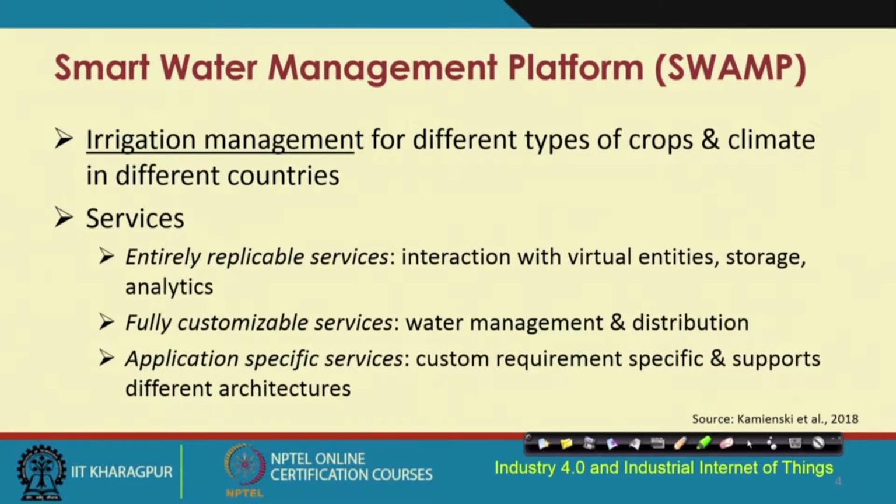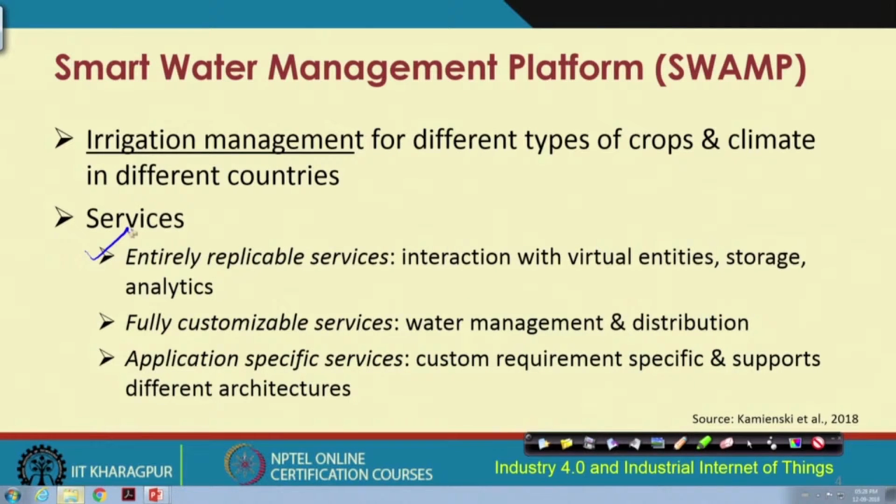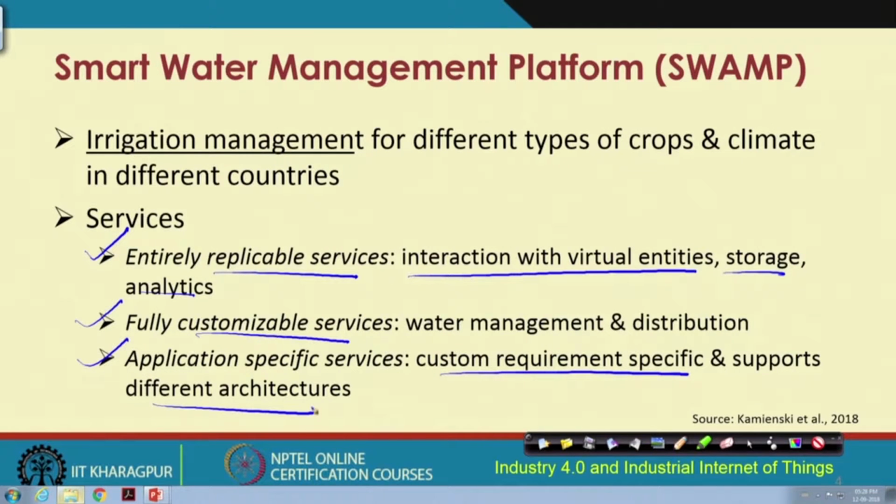These data will be analyzed and different services are going to be offered to the end users: replicable services which will give interaction with virtual entities, storage and analytics, customizable services for water management and distribution, and application specific services for custom requirement specific support and support for different architecture.